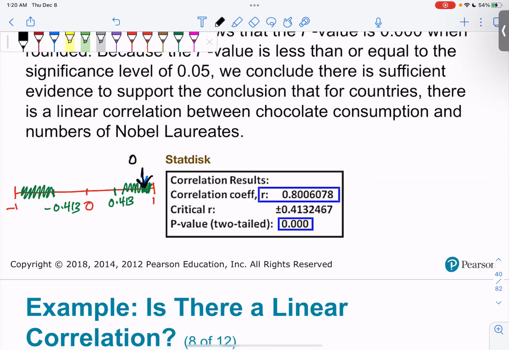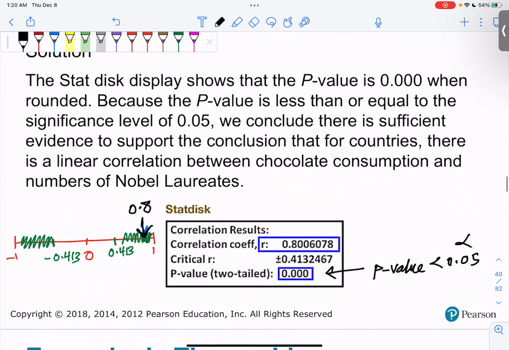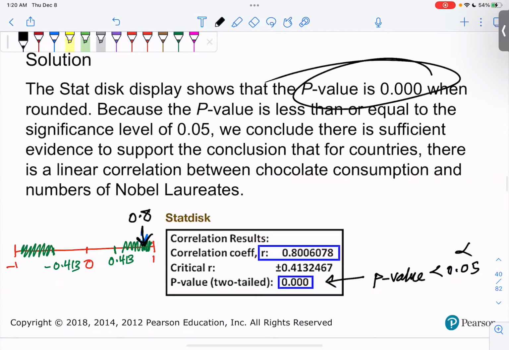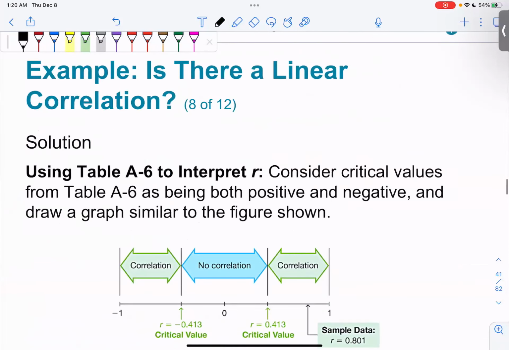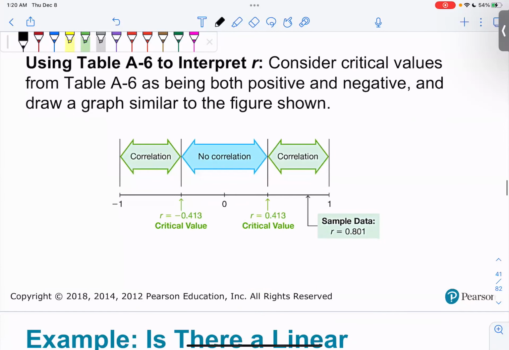which is 0.8, right? So now the P value is less than 0.05, which is the value of alpha. So we can support the claim that, yes, we have a linear relationship between those two variables, right? Any value here or here, we have a correlation.